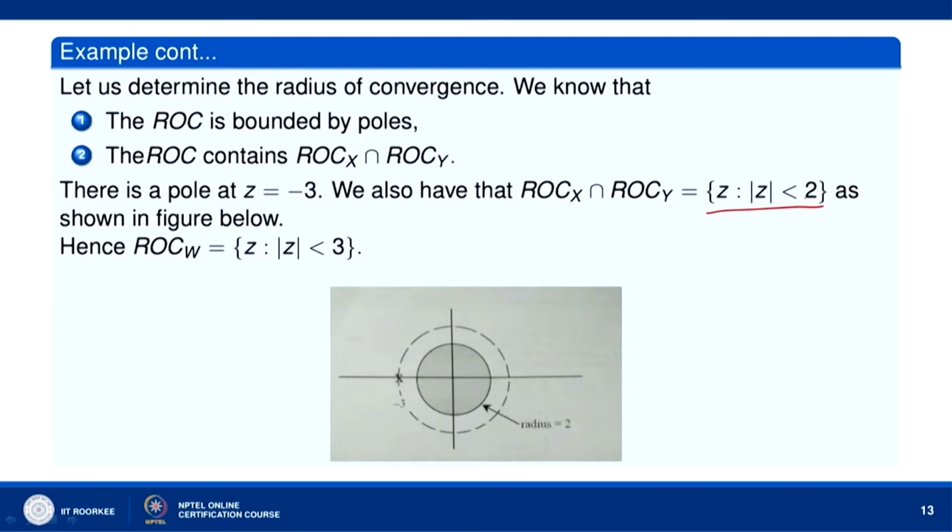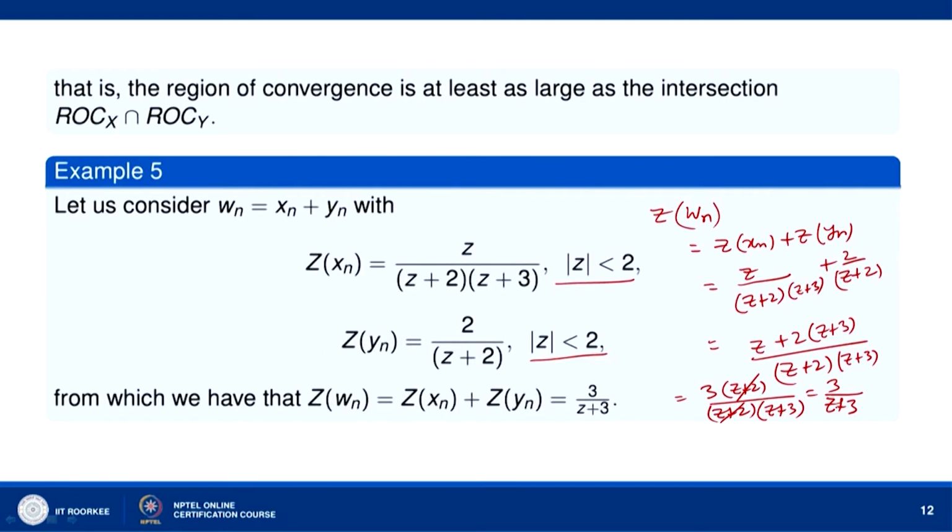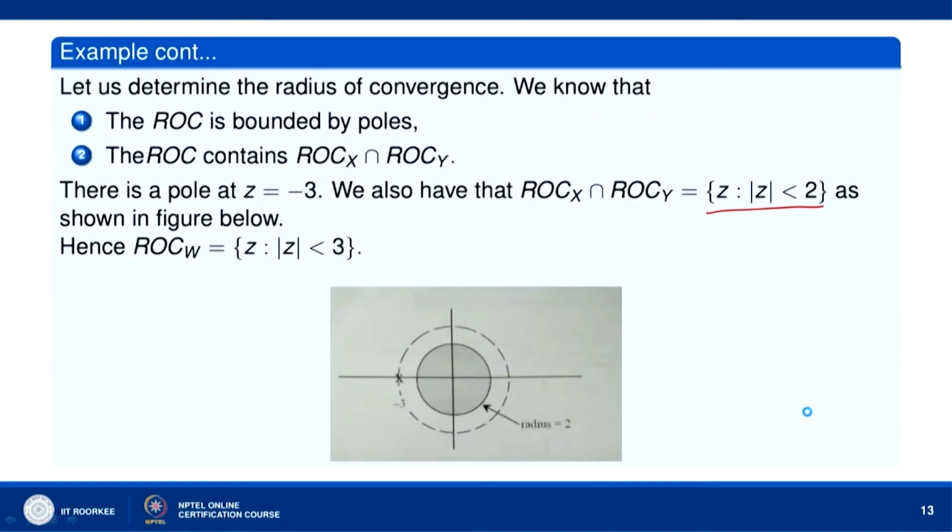So, this is the set of all z such that mod of z is less than 2. And what is ROC W? W is 3 over z plus 3, and this is because it has a pole. So, ROC W will be bounded by this pole at z equal to minus 3. So, this is mod of z less than 3.